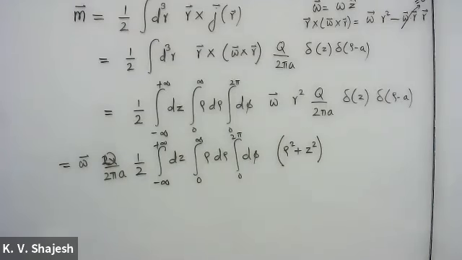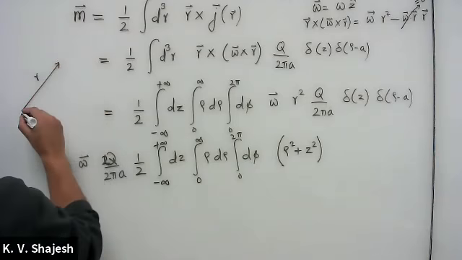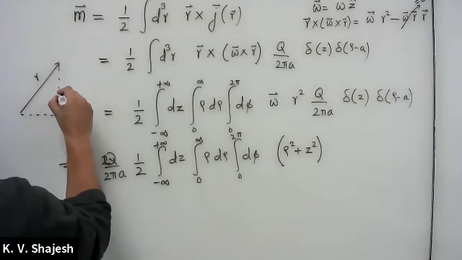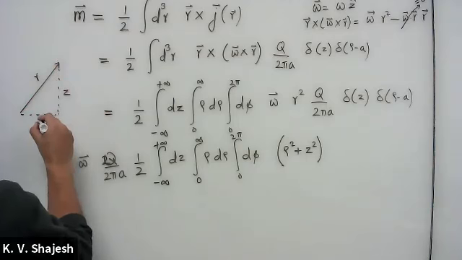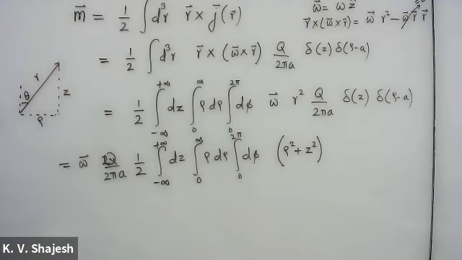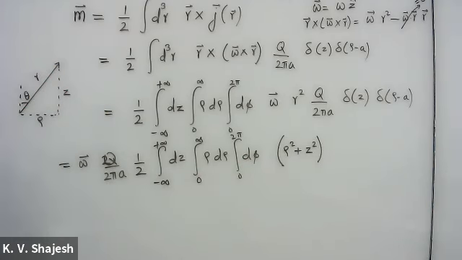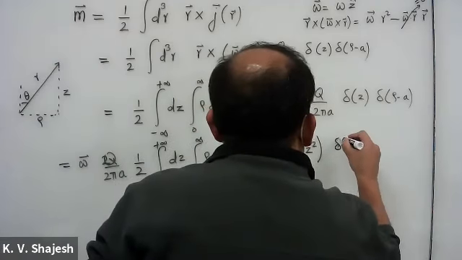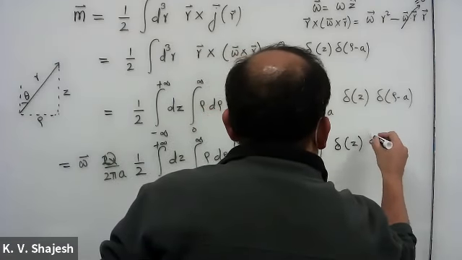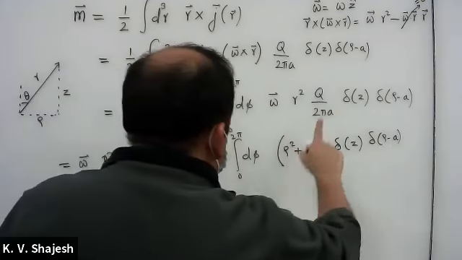The spherical coordinate and cylindrical coordinate are related by, so this is your vector r, that's your rho, that's your z, and that's your angle theta. So r square is rho square plus z square, and then you put a delta of z times delta of rho minus z. Then we know that the z term doesn't contribute.